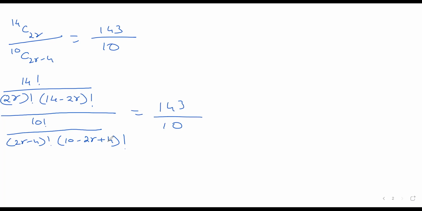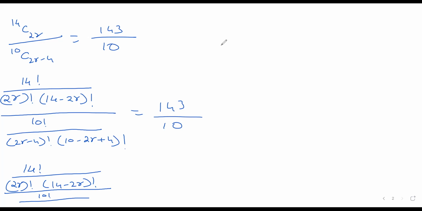10 minus 2r minus 4, minus minus plus. This will become 14 factorial, 2r factorial, 14 minus 2r factorial, whole thing upon 10 factorial. I have to write this on another side.